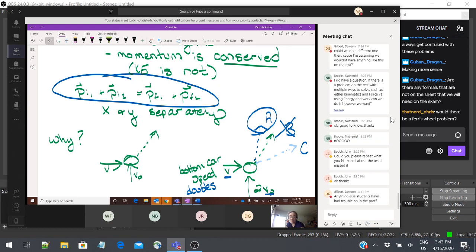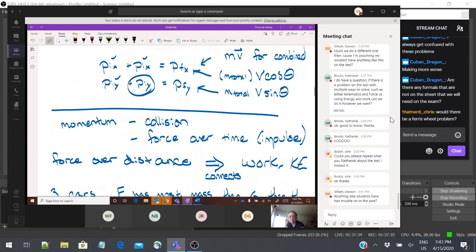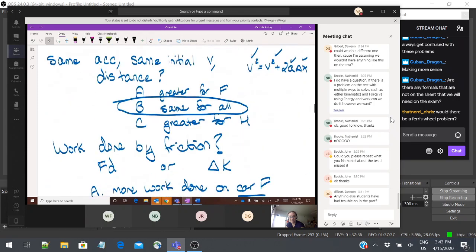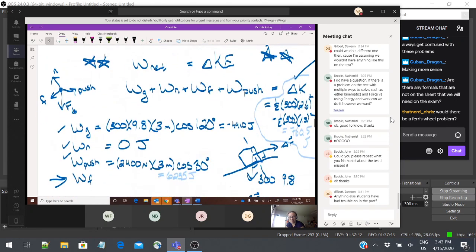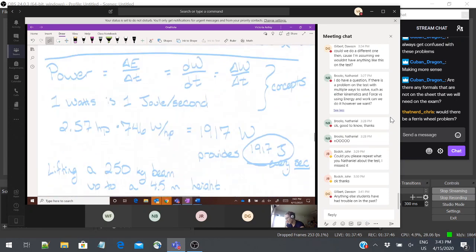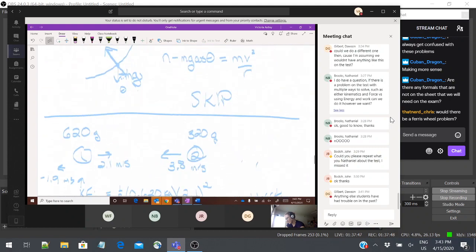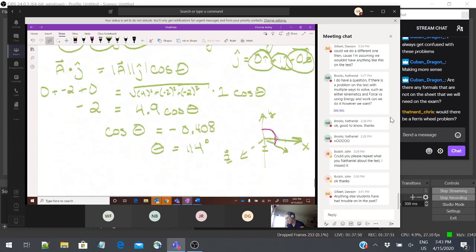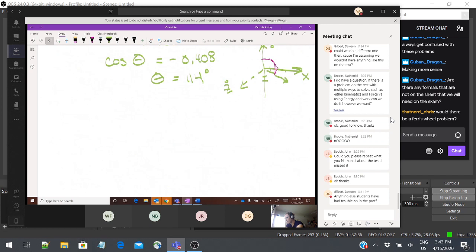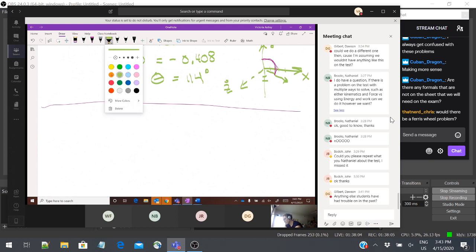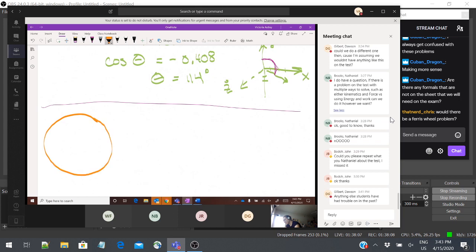Would there be a Ferris wheel problem? There might be. Totally fair game. How much do you weigh at the top of a Ferris wheel that's going around at this rate? So remember, in a Ferris wheel problem, you're standing straight upright all the time.